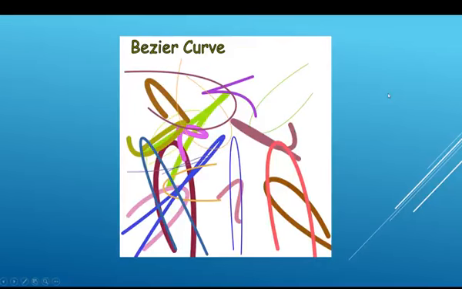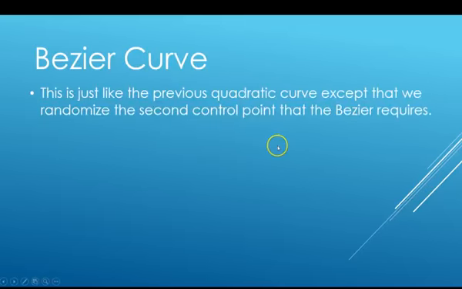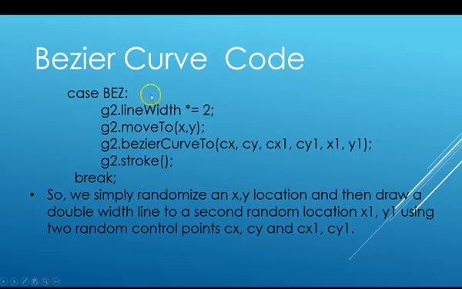The Bezier curve is really not much different except that it has two control points, and you can see the difference there. You tend to get a more rounded shape here rather than a pointy one, although there are exceptions. Again, all the values are just completely random. This is very similar to the previous code, except that I've got an extra set of points here for the second control point.